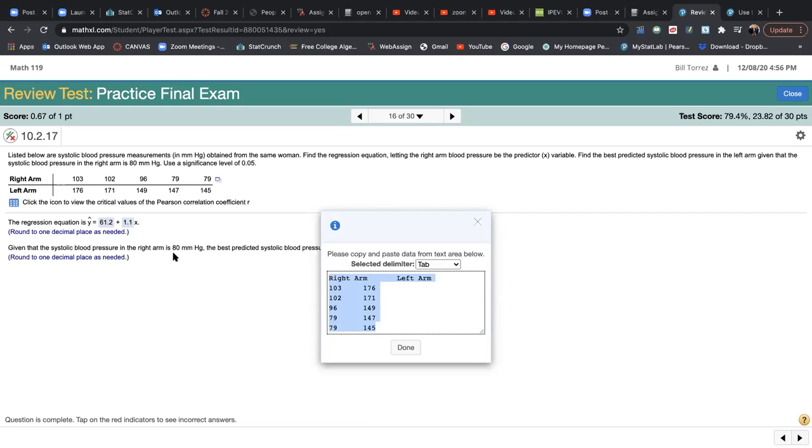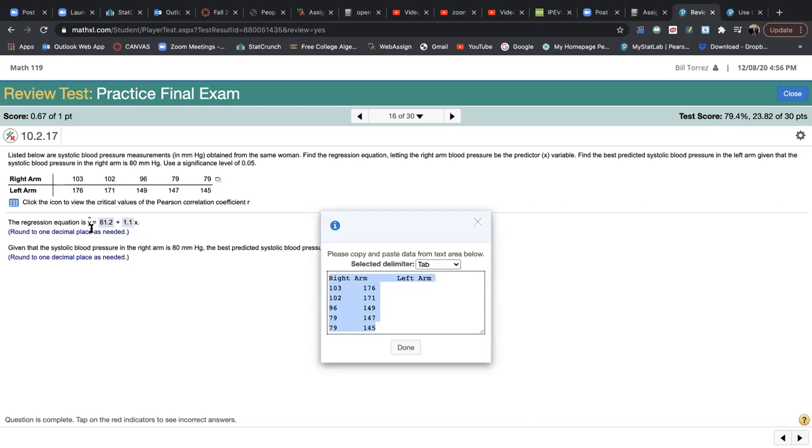What we want to do, like we did in the previous problem, is predict a value of Y given a value of X. And here, X is going to be 80. Some of you are saying, why don't we just, like we did in problem 15, stick the 80 in for X and calculate the corresponding value for Y hat?